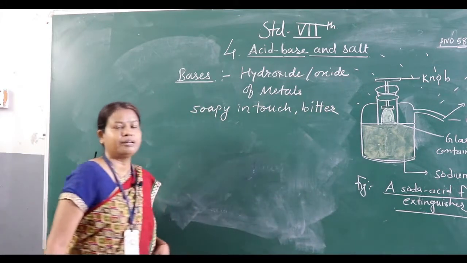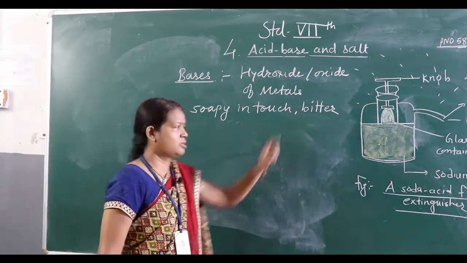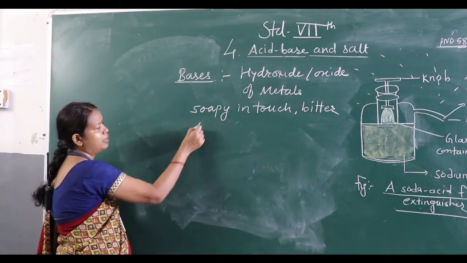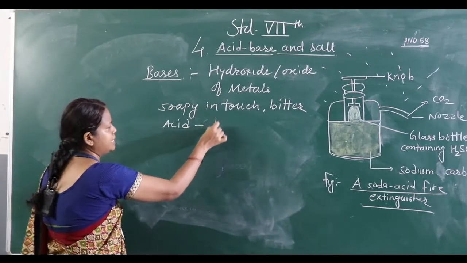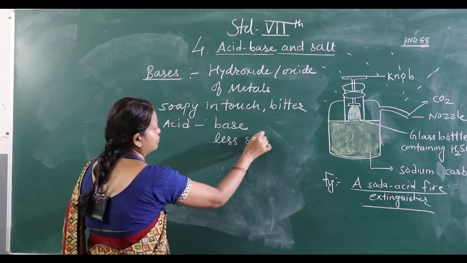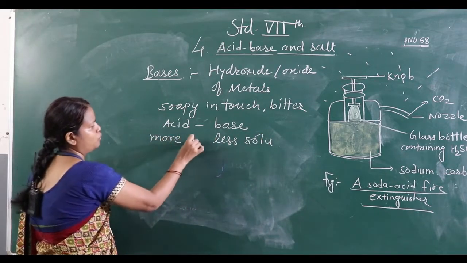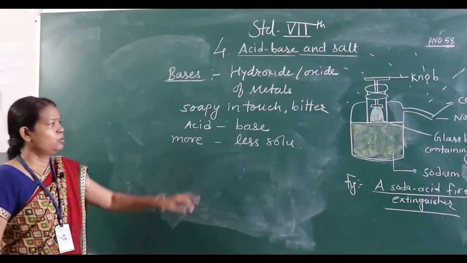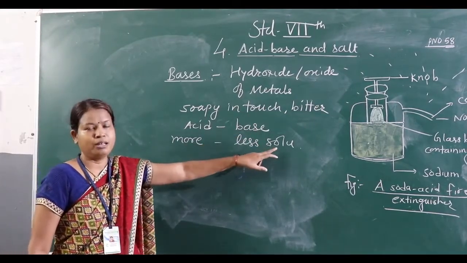As we know that acid is sour in taste, these bases are bitter in taste. In comparison to acids, these bases are less soluble in water and acids are more soluble in water. Some of the bases are sparingly soluble in water.